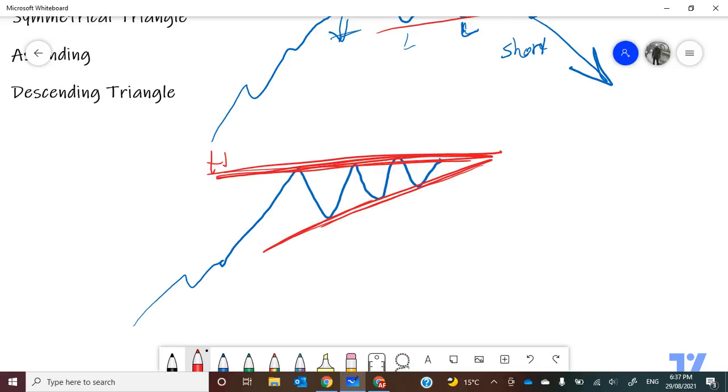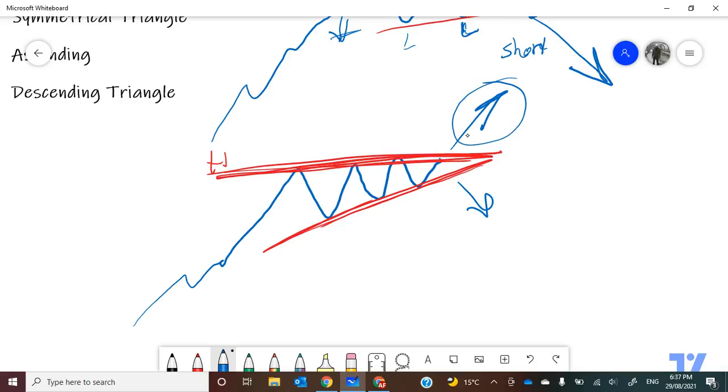As it gets closer to the end of the triangle, at a point the same thing happens, and the price goes up. So that's the bullish scenario. At the end of the triangle, anything can happen. But for the bullish one, if the trend is up, we will probably have the same trend after.